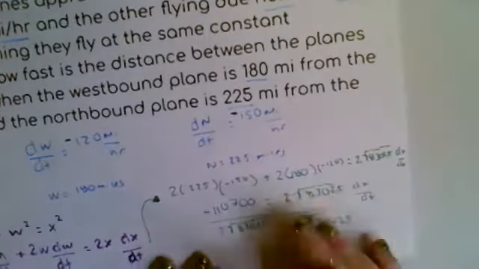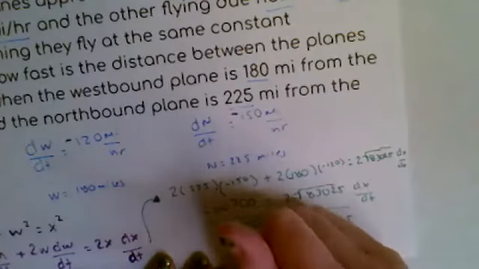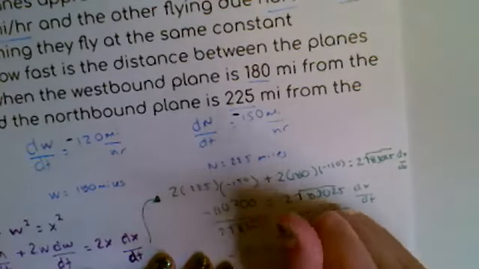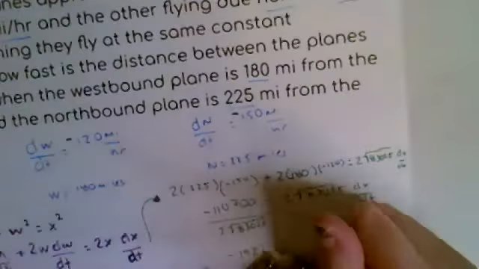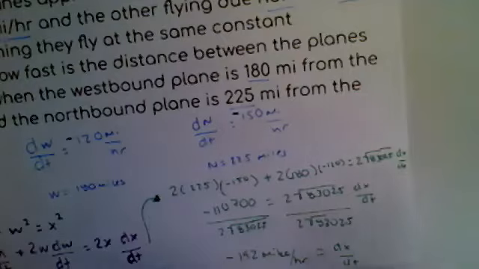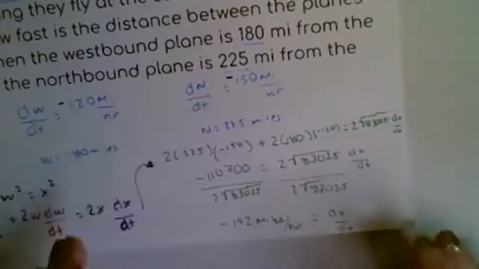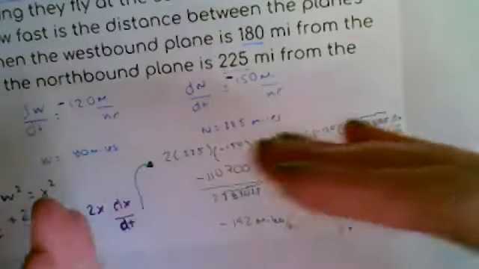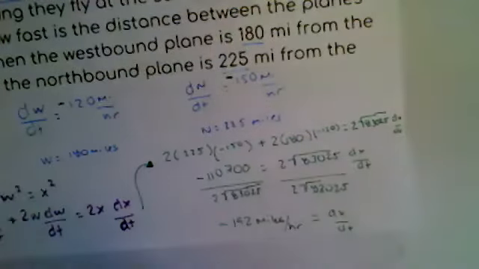And then I'm going to get about negative 192 miles per hour is dx/dt. So what this is telling me is, as my planes are coming back together, the distance between them is changing at negative 192 miles per hour. And that makes sense that it's negative because the distance should be getting smaller as they approach the airport.